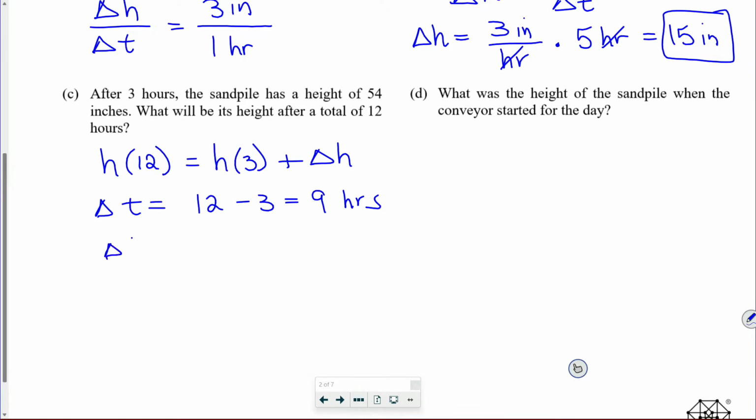That means that the change in height, which is 3 inches per hour, times 9 hours will be 27 inches.